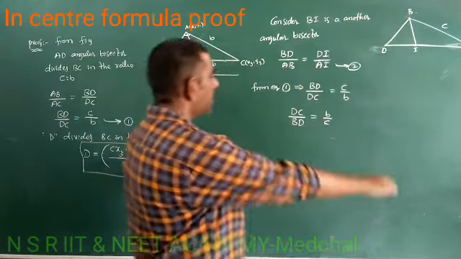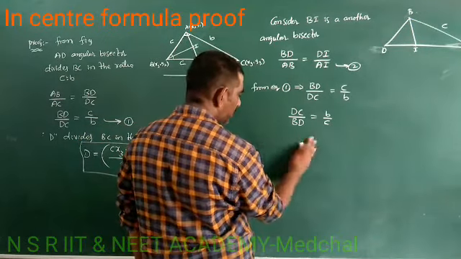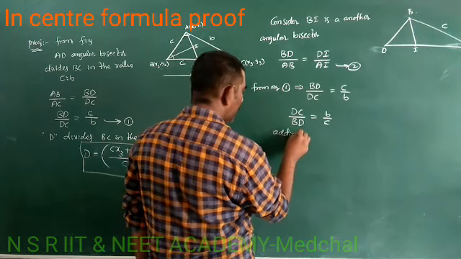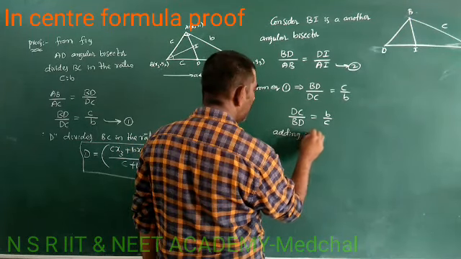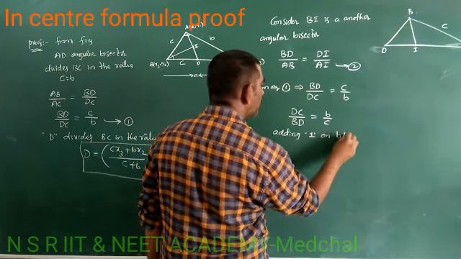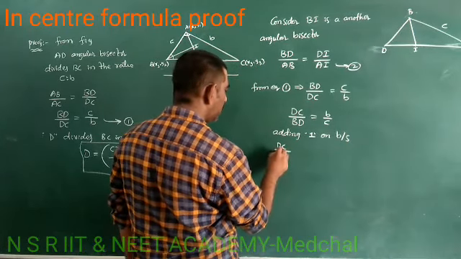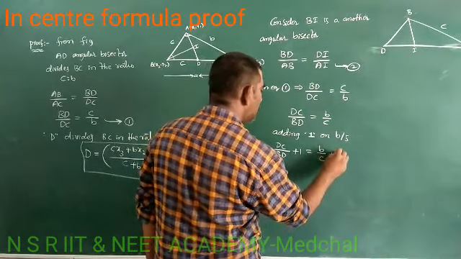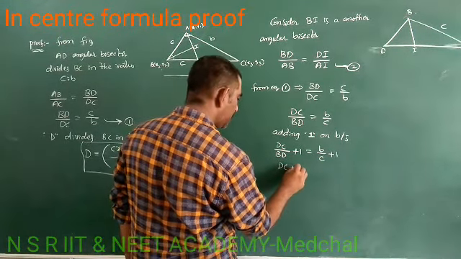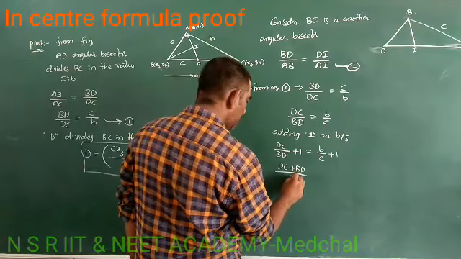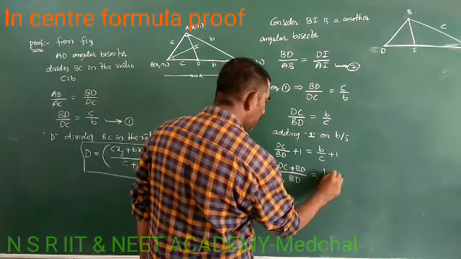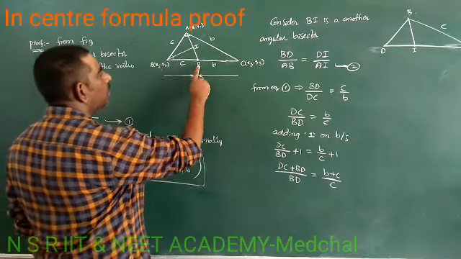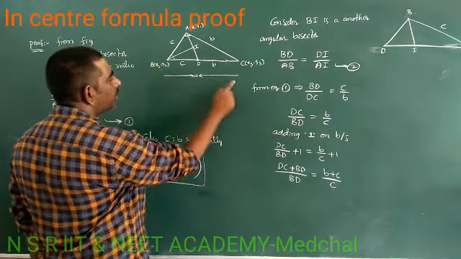So that's why I am adding some quantity here. Adding 1 on both sides: DC by BD plus 1 is equal to B by C plus 1. So DC plus BD by BD equals B plus C by C. DC plus BD length is small a.